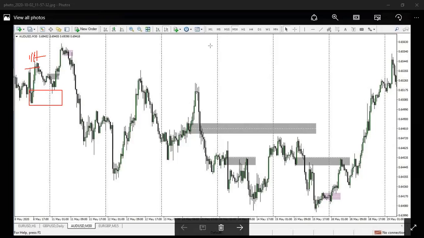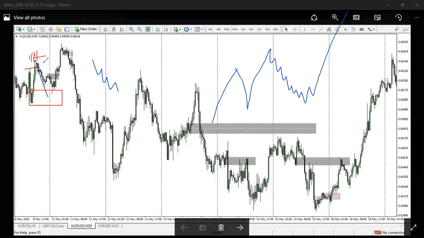Price can either just come straight down here to make a higher low, or it can do the complex pullback, like I told you: higher high, higher low. Price can just come down to make a higher low, then break market structure. When they come back to make a higher low, they can give you something like this, the complex pullback, then return to order block, then price continues the uptrend.